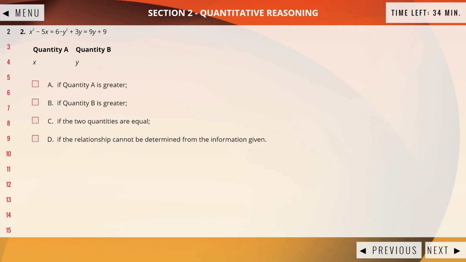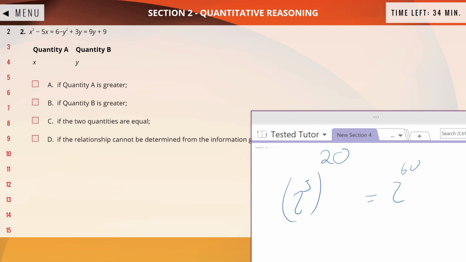This one. Ooh, interesting equation here. Which is bigger? Ooh, so we've got a two-part equation. My first thought would be to factorize. So the second equation, let's do a new page, is 6 minus y squared plus 3y.